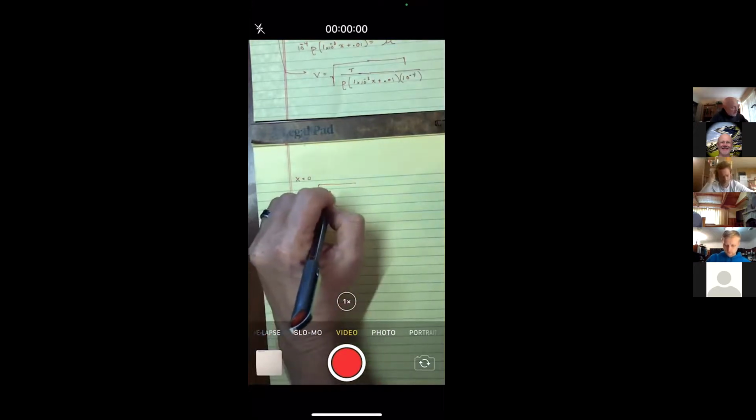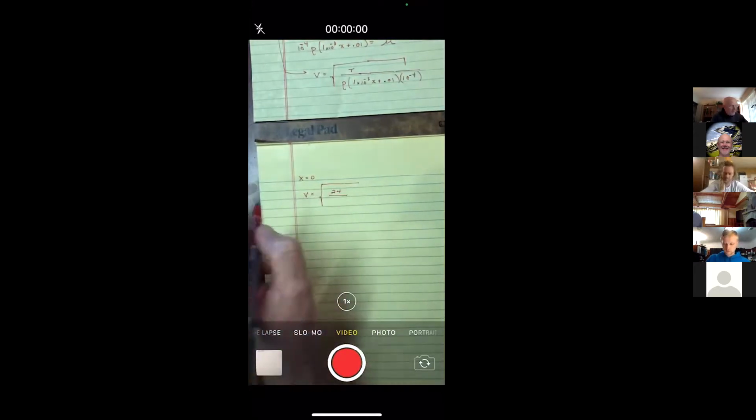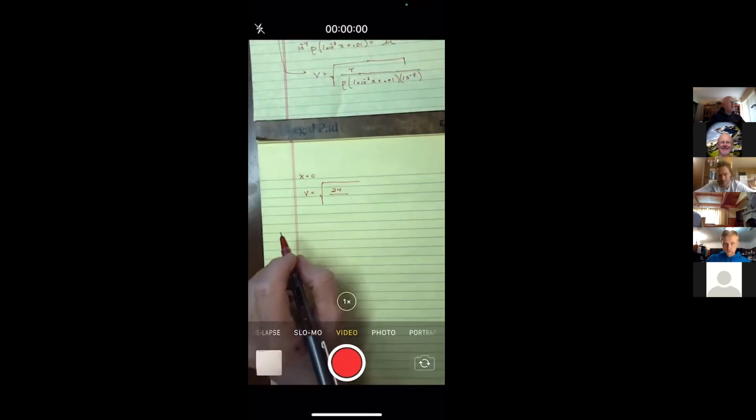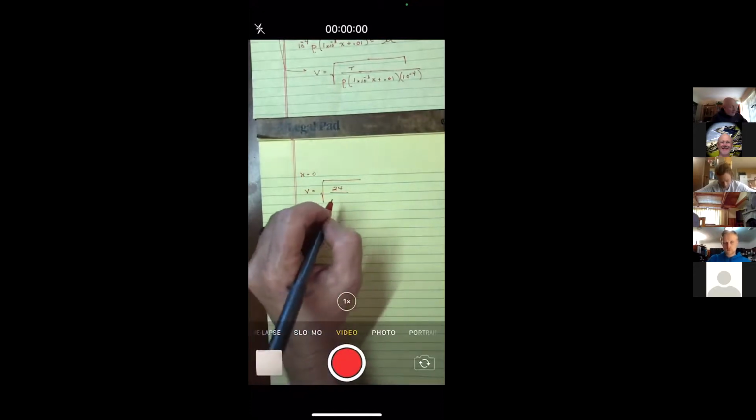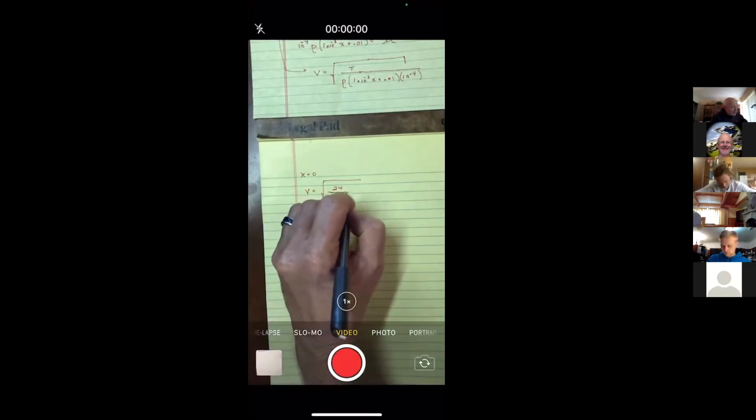Okay, so they said the tension would be the 24. And again, just watch my units, but this is 24 newtons. Okay, good. Then the density, and they say it's aluminum.